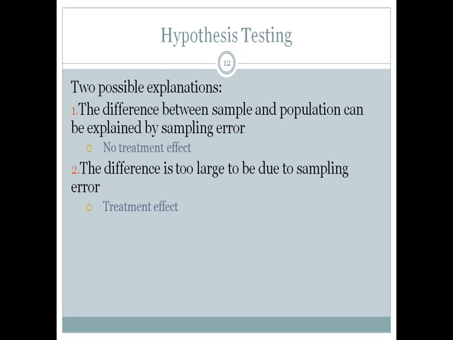And our second conclusion is that the difference between the sample data that we collect and the population parameter is too large to be due to sampling error. In the first case, when we say that there is no difference, we can also say there is no treatment effect. In the second case, in which the difference is large enough, we might say that there is a treatment effect.